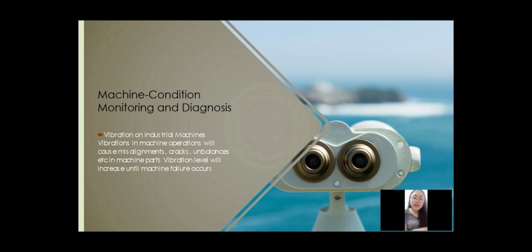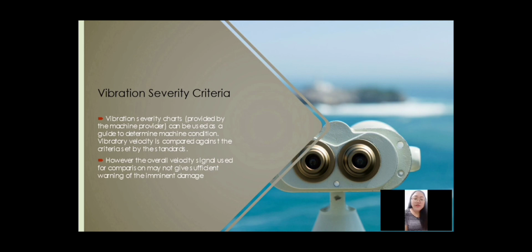Machine condition, monitoring and diagnosis. Vibration in industrial machines. Vibration in machine operations will cause misalignments, cracks, unbalances, and etc. in machine parts. Vibration level will increase until machine failure occurs. Vibration severity criteria.